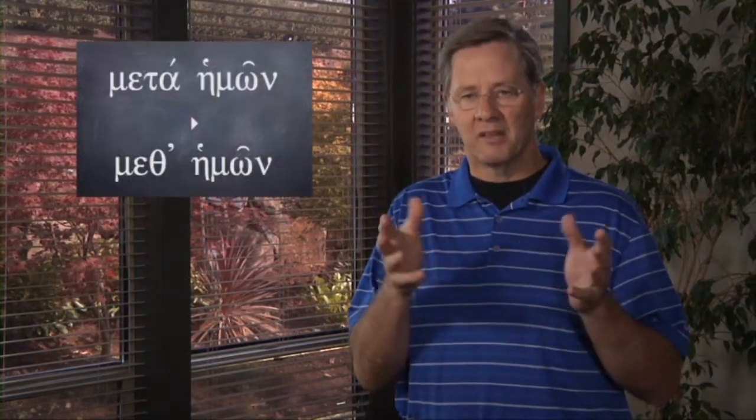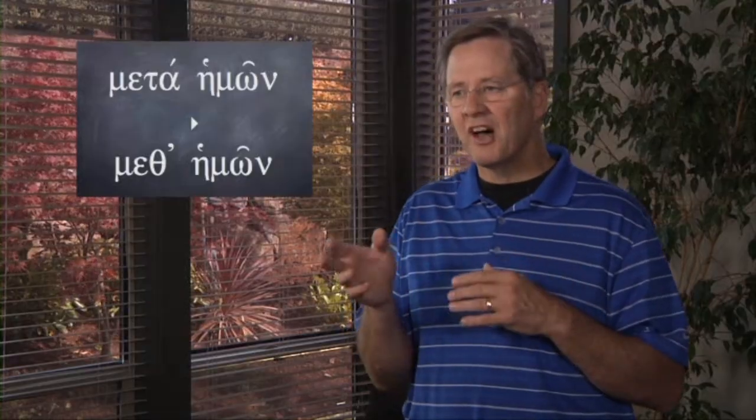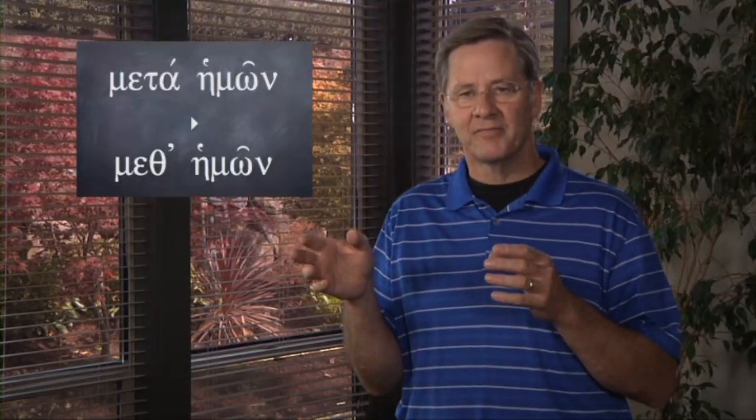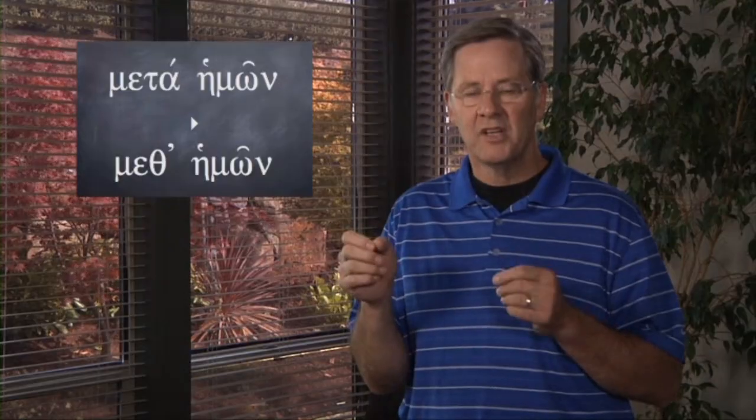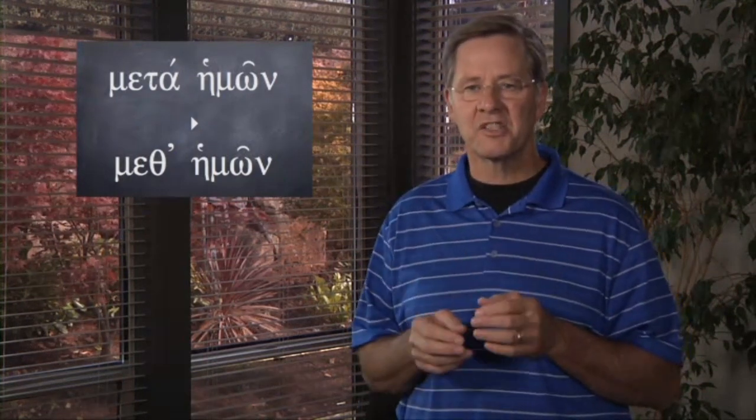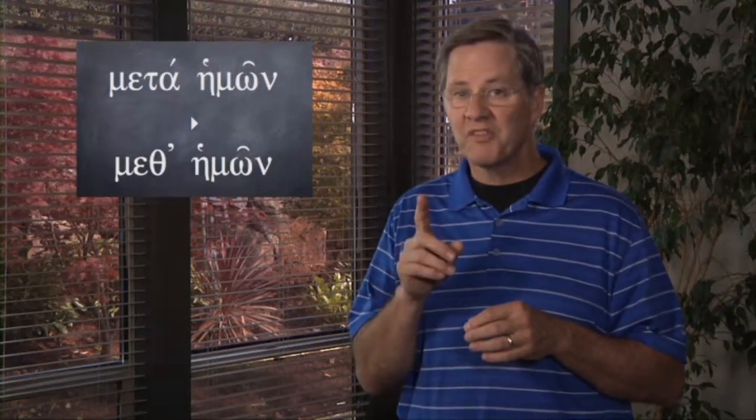The other thing that can happen with some prepositions is something called aspiration. If you take the preposition meta, and you follow it with hemon, okay, you add that initial eta, so it's a vowel, and the alpha is going to drop out. But then you have met' hemon. Try to say that to yourself out loud with the rough breathing.